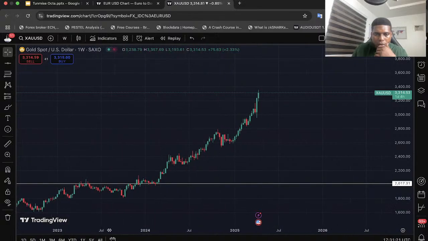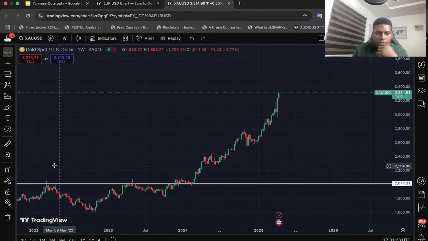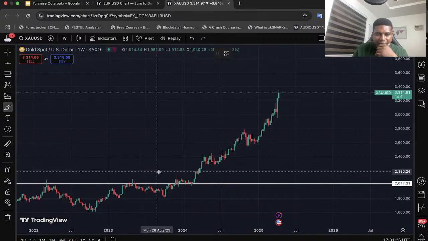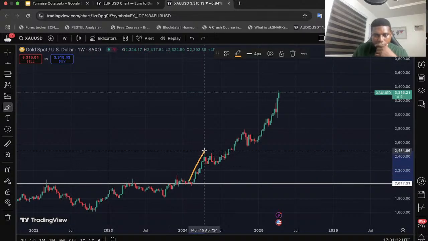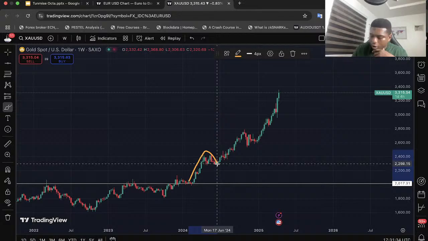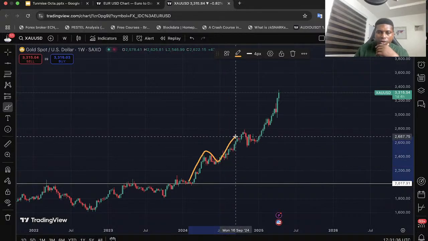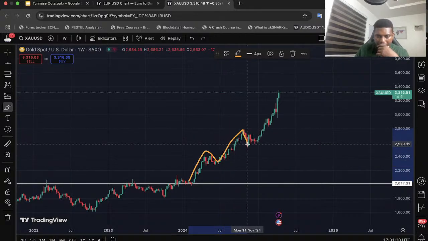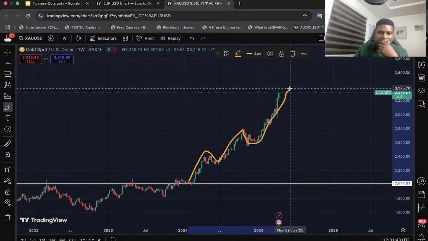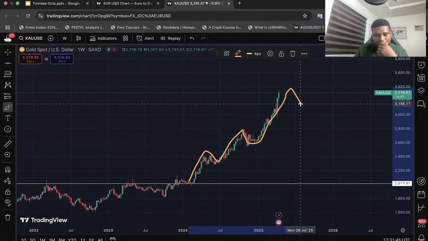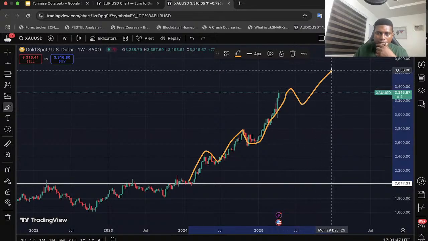When we look at the pattern and movement of gold in recent time, it swings up, comes down, relaxes, swings up, relaxes, swings up to where it is now, and of course would relax before swinging up again.